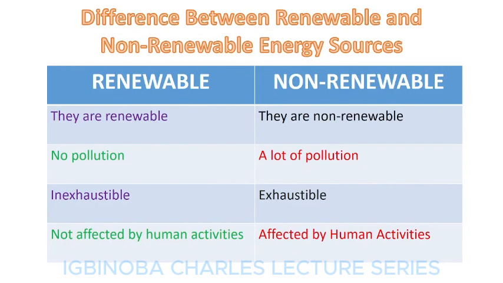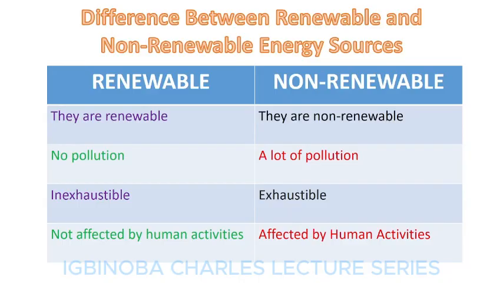The difference between renewable energy and non-renewable energy sources. Renewable energy sources are renewable, so once you consume them, they are always available for you to use again. While non-renewable energy sources cannot be renewed once they are consumed.